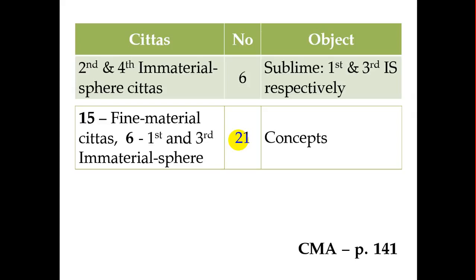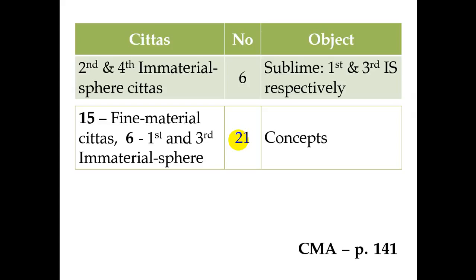So next session we have to learn the base of virtue, right? The second immaterial jhana takes the object of infinite consciousness, right? The moment you attain the first immaterial jhana, you have an infinite consciousness.